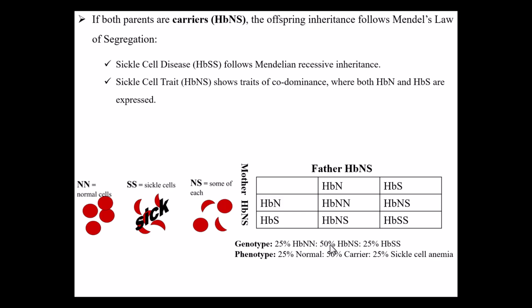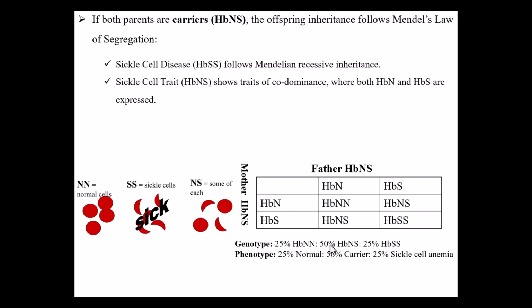If we make a cross between two genotypes, the father's genotype and the mother's genotype, there would be 25% HbN HbN. It means 25% would be normal and 50% HbN HbS.